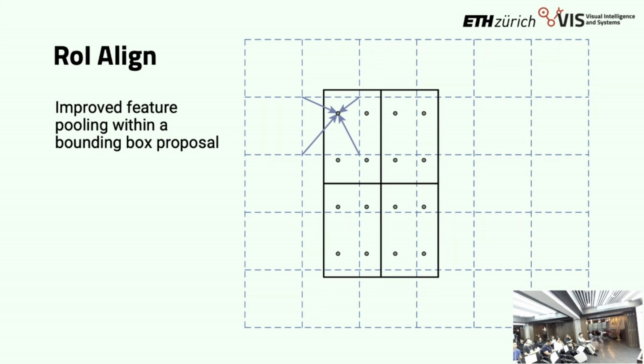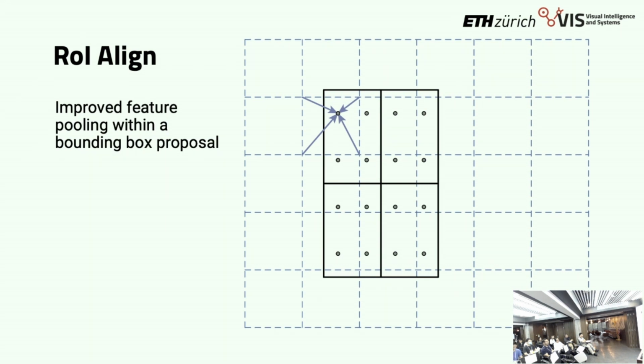So remember that in ROI pooling, if our bounding box is not aligned with, say, the feature grid, we just shift the box to the nearest feature grid, and then use that shifted location to extract the features. But in ROI align, instead of shifting the box directly, we do some feature sampling from nearby pixel locations.